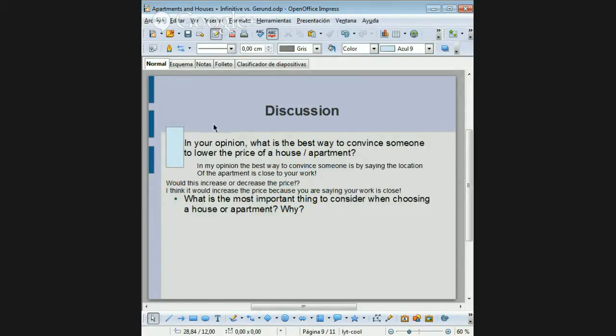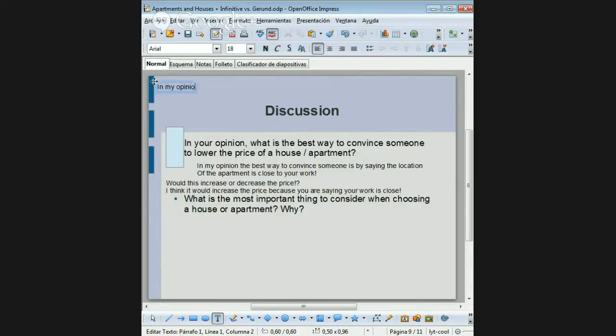What do you think is the best way to convince somebody to lower the price? In my opinion, the best way to convince someone to lower the price is saying about small meters in the flat, or about the size of the apartment.